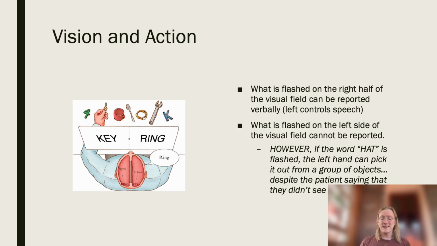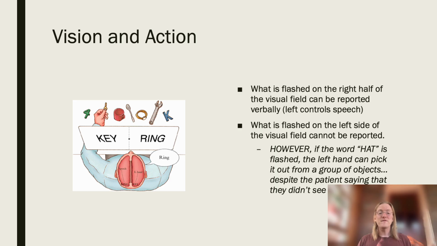But let's also say at the same time that the word key is flashed on the left side of the screen, as we see here. That visual input is processed on the right side of the brain, which does not have a language processing center. The patient will not be aware or be able to say that they saw the word key. They only say that they saw the word ring.